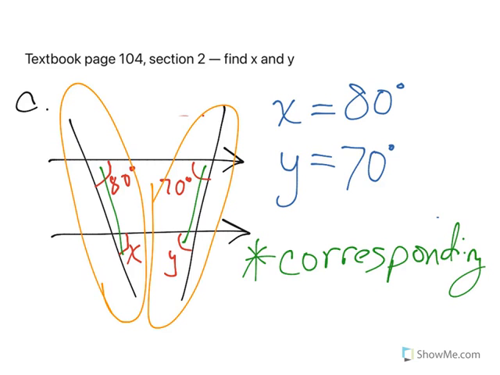Two transversals using two different sets of corresponding angles, okay? So, excellent, excellent. Now, I know this is pretty simple and straightforward, but we're using those rules we learned last time, and I'm trying to make this easy and straightforward for you, okay? So let's look at D, and then I'm going to set you free to do this on your own.